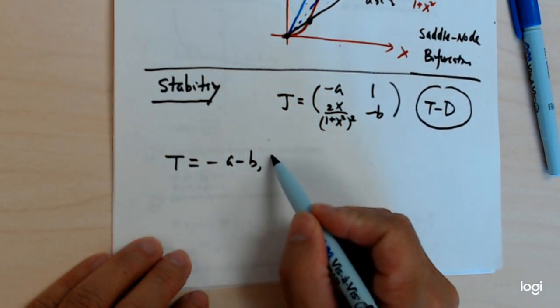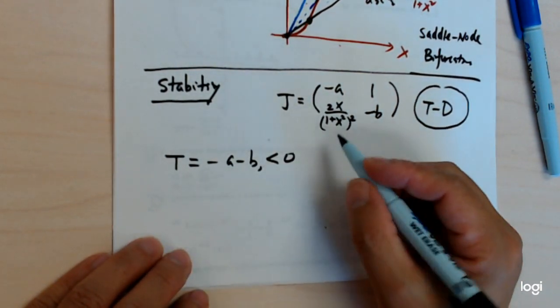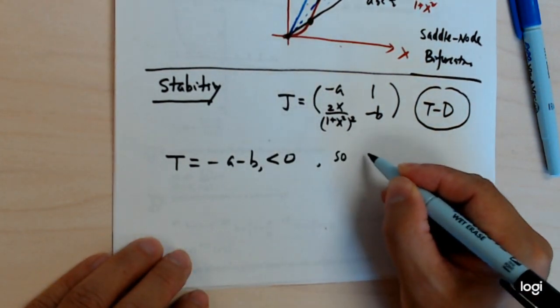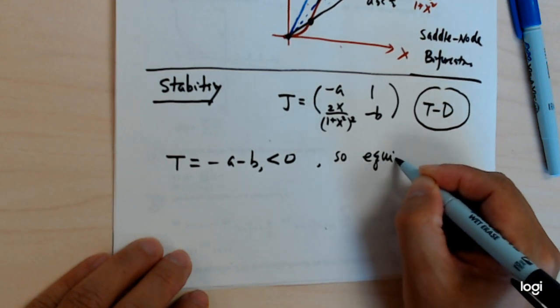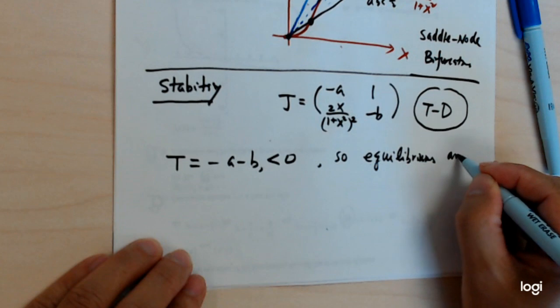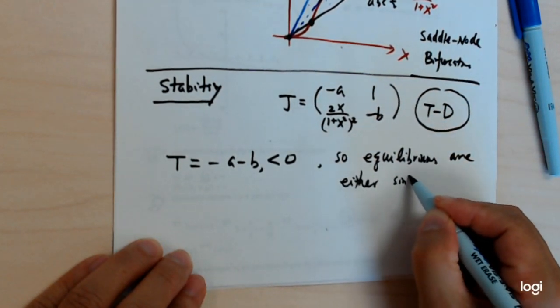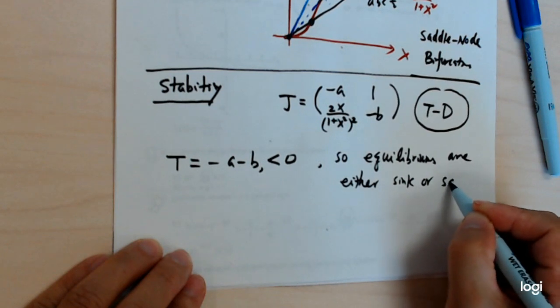If you look at the graph here, the trace is always negative. So the equilibriums are either sink or saddle.